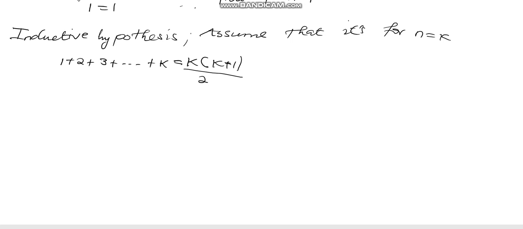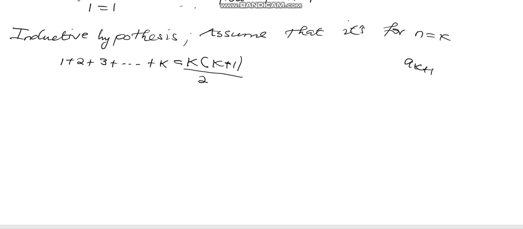So I go to step number 3, where we have to back our hypothesis, that this statement is also going to be true when n is equal to k plus 1. Meaning that we get the expression that we have, then we add a new term, and that term that we're adding, we call it the k plus 1th term.